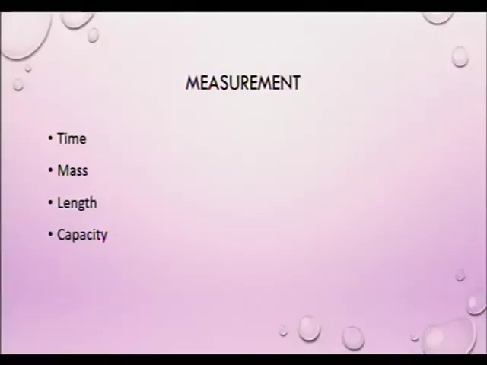Everything practical. When it comes to the measurement of capacity, capacity has to do with liquid, or I can even use sand. Here I can have a glass and maybe a 2-liter cool drink bottle. So the learner has to now tell me which of these two objects will have more capacity, the glass or the cool drink bottle.